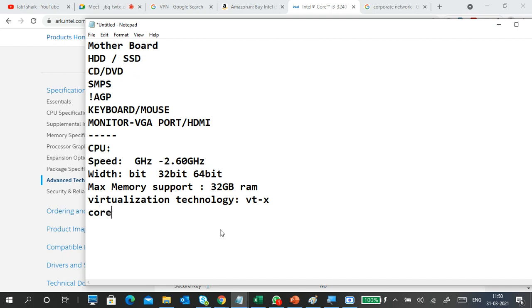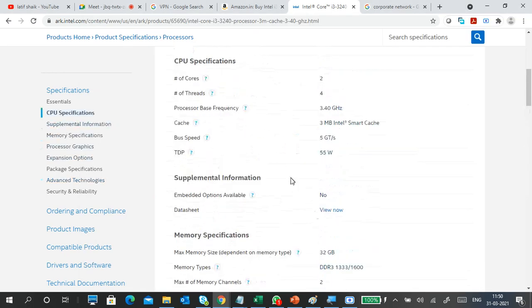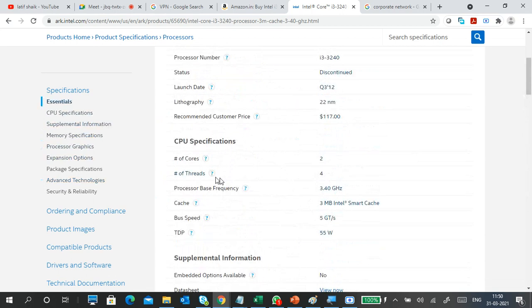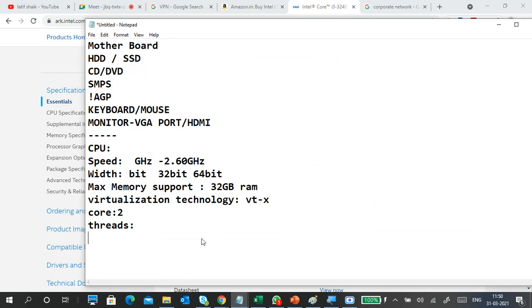Next, how many cores are there? For example, two cores. How many threads are there? You can see the threads sheet showing here. Threads 4 and 2 is important.